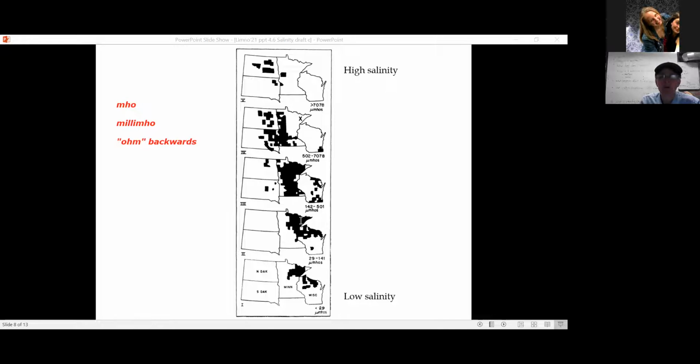You get to lower and lower conductivity, and you can see they're more distributed like that. So in case you like to travel and you want a picture of the upper Midwest, here's a map showing a distribution of lakes of different salinities within the 15,000 lakes we're talking about.